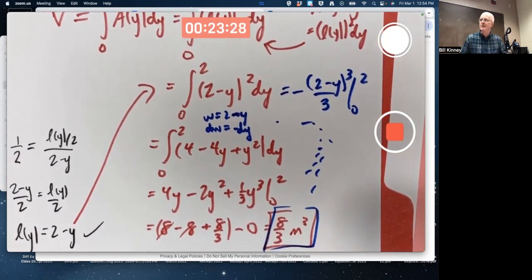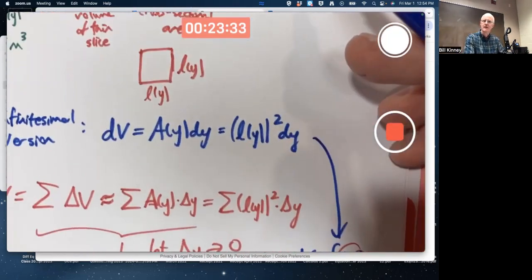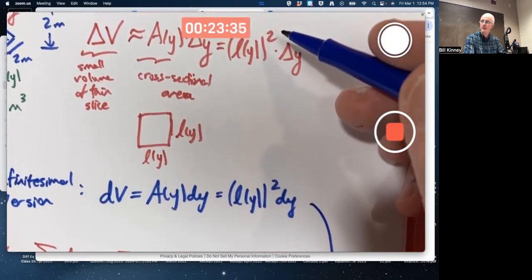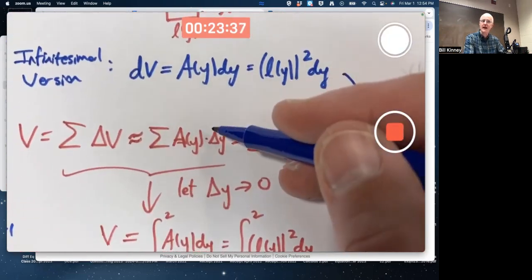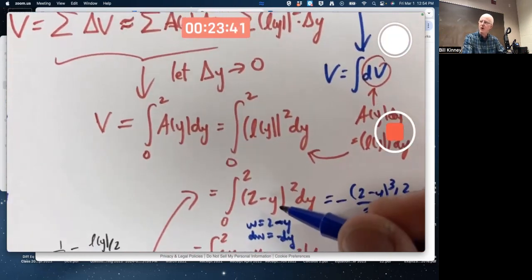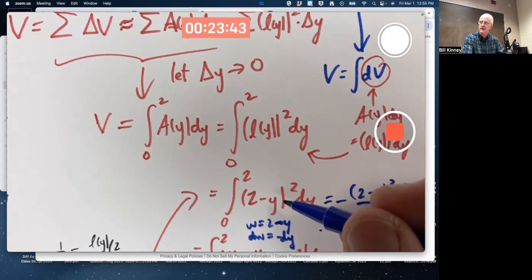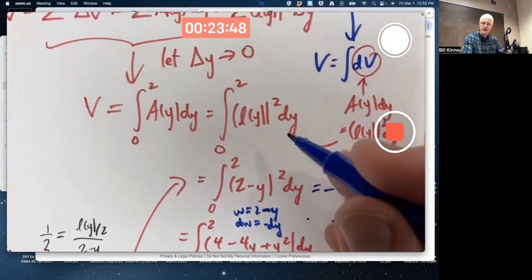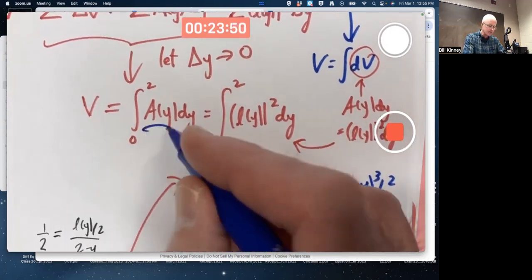Number of things going on here. Part of it is setting things up. Once again, I want you to be able to do it with the Riemann sum approach like this, and also the infinitesimal version. But then you want to go from those things to the integral, and you'll get the same integral either way. Then you have to do the integral, which also means you need to figure out what A of y is in general.